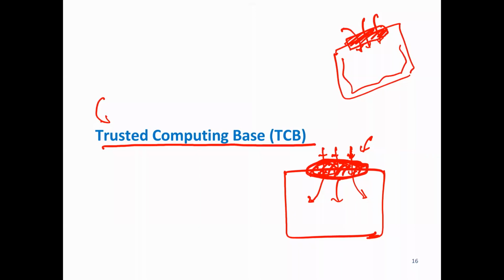Then you are certain that all your assets are secure. But this part we call the trusted computing base or trusted part, the most trusted part, right? So this set of security guys has to be absolutely secure. I mean, in the sense that they must provide absolute security. They must be 100% trustworthy.